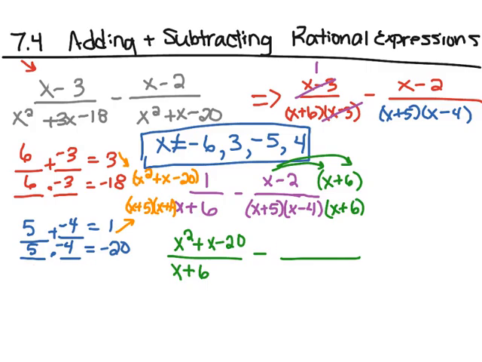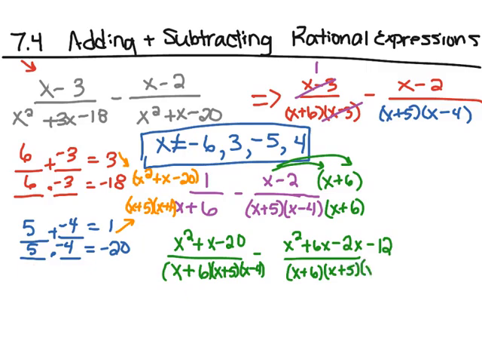So we should have x squared plus 6x minus 2x minus 12, and the bottoms are x plus 6, x plus 5, x minus 4. Now don't forget that we have a negative here, so it has to distribute into all of our terms.